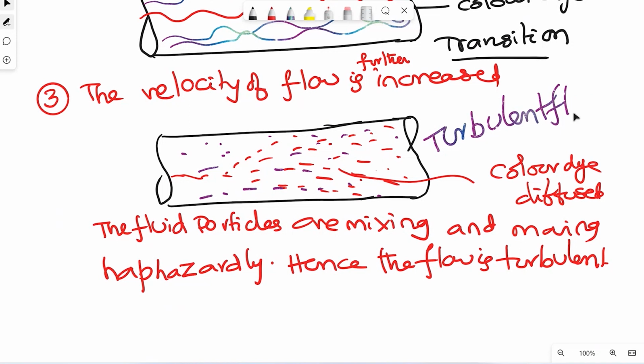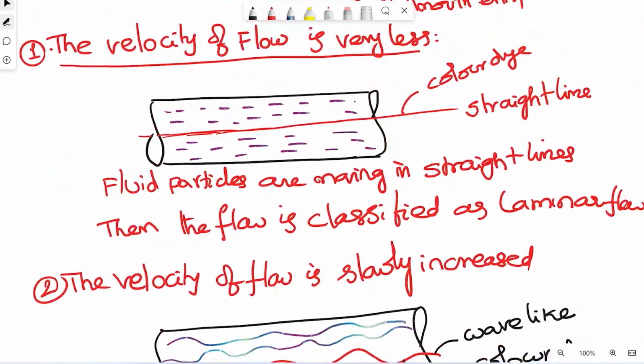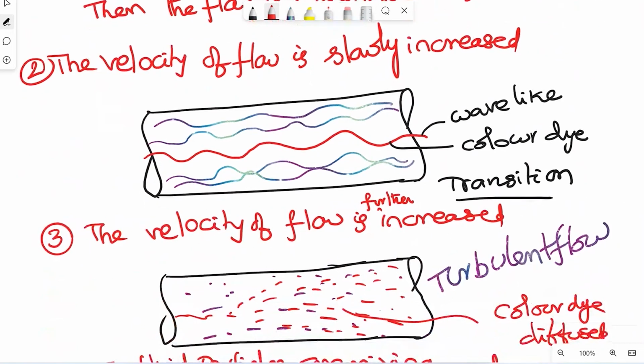So now if you go one minute back, the first one is in a straight line. This is possible when Reynolds number is less than 2000. Second, it is a wavy motion. That means Reynolds number is between 2000 and 4000.